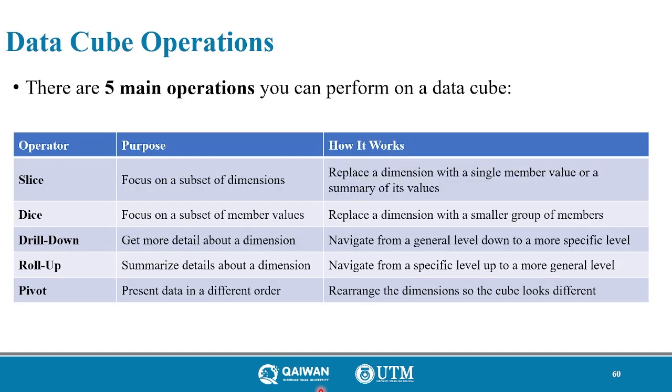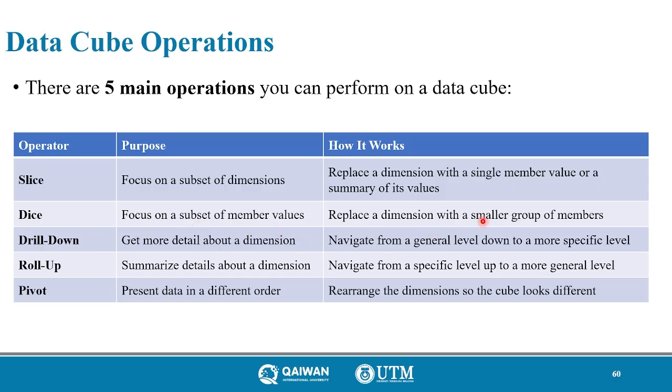Now, data cube operations: we have these five main operations: slice, dice, drill down, roll up, and pivot. The slice focuses on a subset of a dimension. How does it work? Replace the dimension with a single value or a summary of its values. The dice operator focuses on a subset of member values.